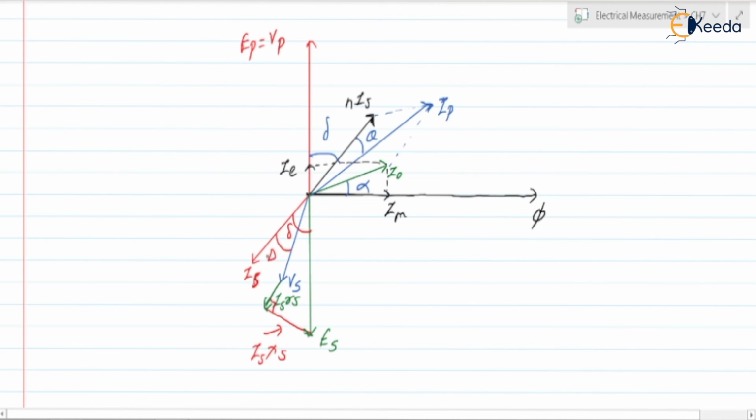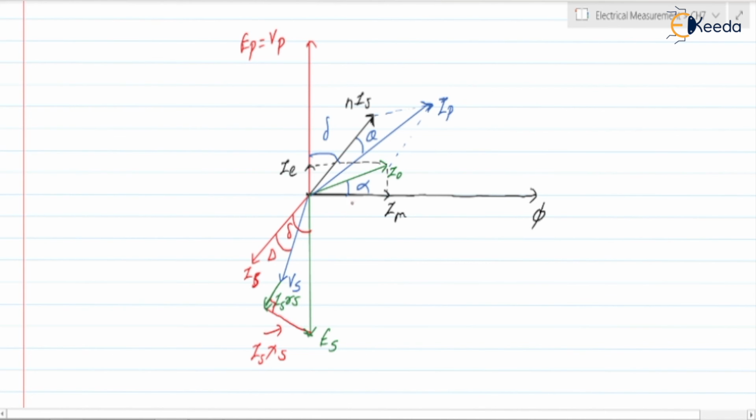Next, the angle between IS and Vs is delta, and the angle between IS and ES is del. Next, Vs plus ISRS plus IS into XS is nothing but ES. Similar to the IS, at the primary side, the transformer draws the current N into IS. If you check, the angle between IS and NIS is equal to 180 degree.